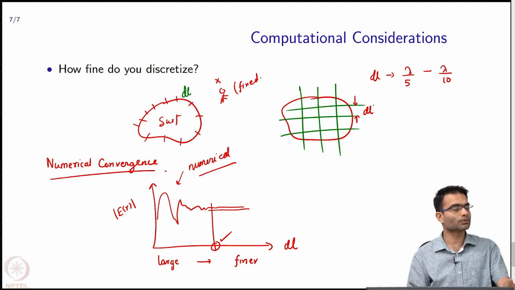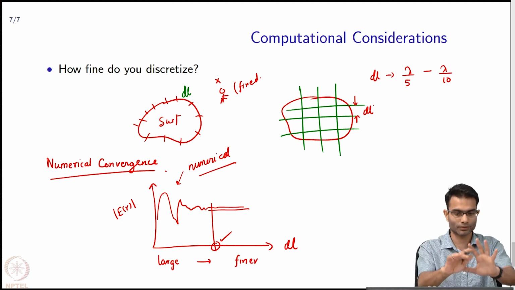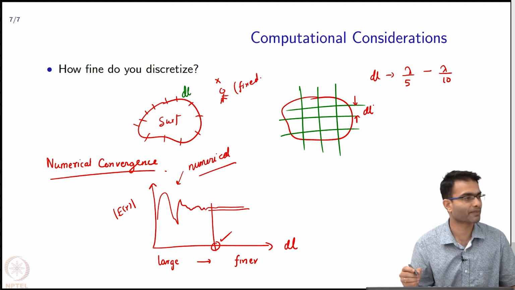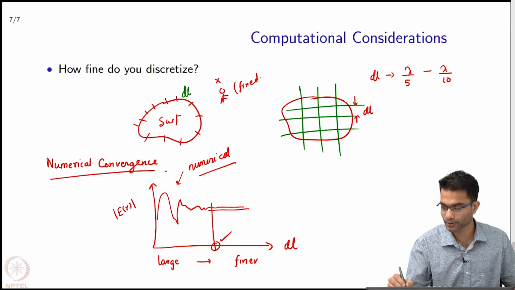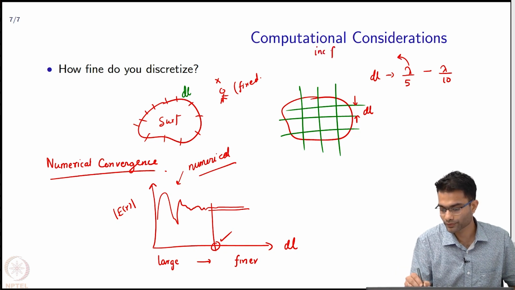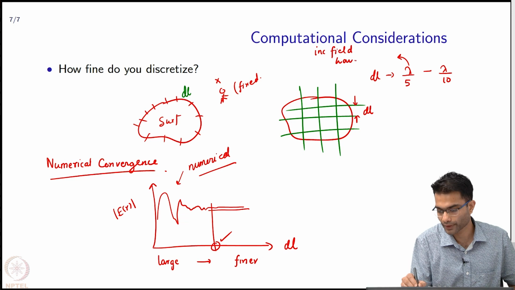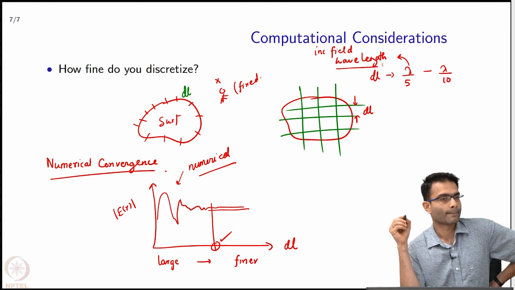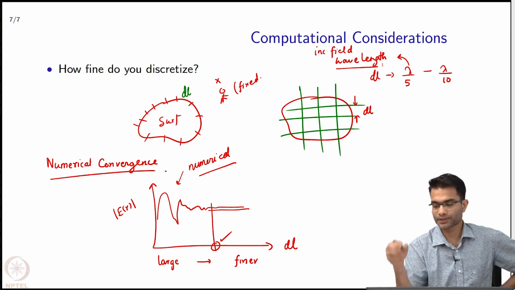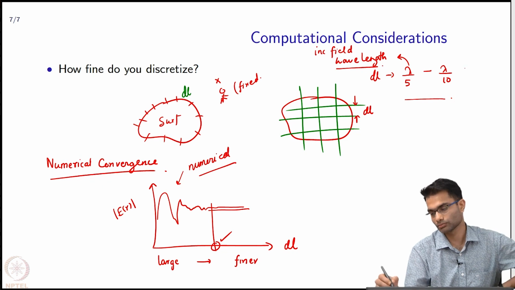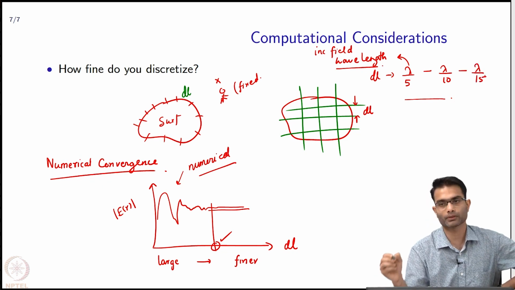It is a rule of thumb, it may be wrong or right, it depends on the object, but in general if you have a well behaved object, choosing it between lambda by 5 and lambda by 10, where lambda is the incident field wavelength, is sufficient to give you a reasonable answer. You can even go all the way to lambda by 15 depending on the problem.